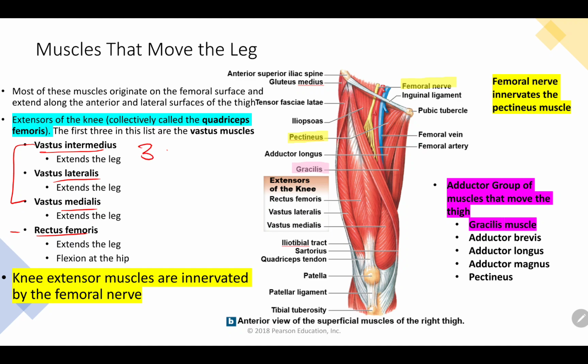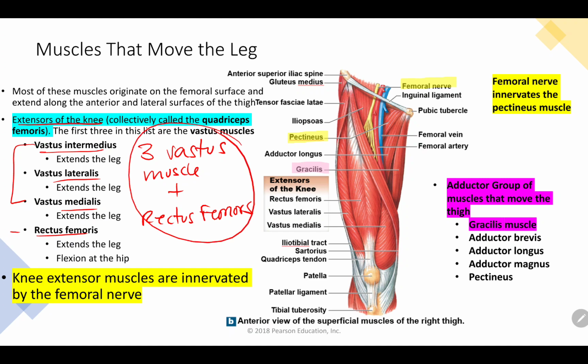So these three vastus muscles plus the rectus femoris. Remember, these are extensors of the knee. These are going to be innervated by the femoral nerve. They're right over the femur bone, so it makes sense. These are innervated by the femoral nerve.